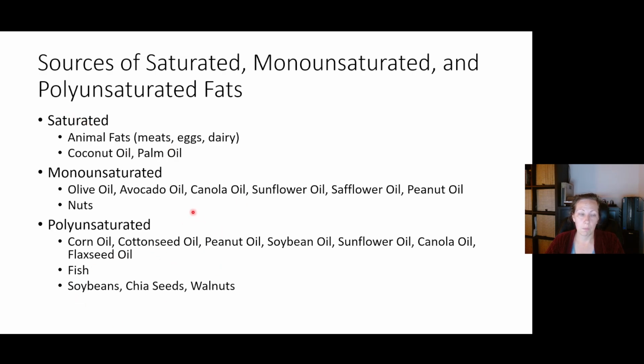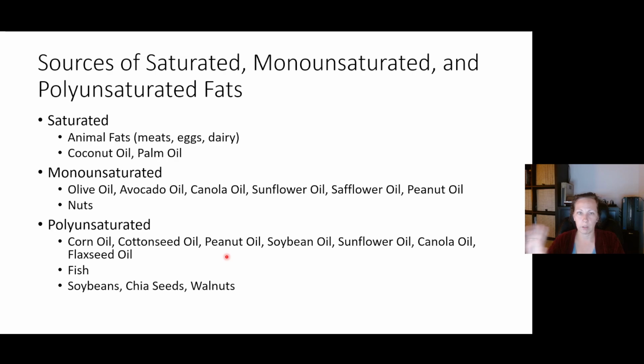So these lists here are like the main sources for these, but we will find both mono and polyunsaturated fats in animal products, in coconut oil, in palm oil. And especially if you have animals that have consumed more polyunsaturated fats as part of their diet, you'll usually find more polyunsaturated fat in their meat.